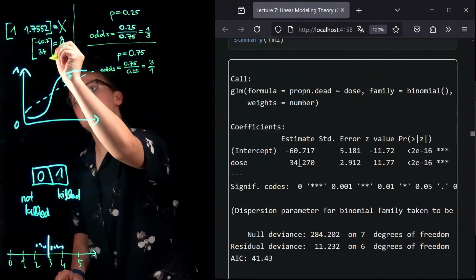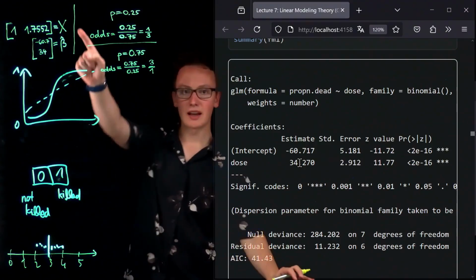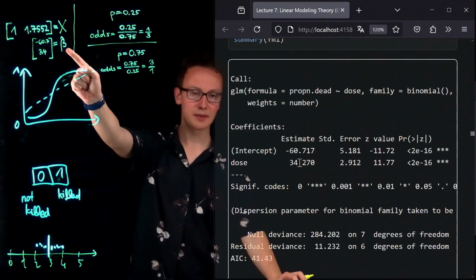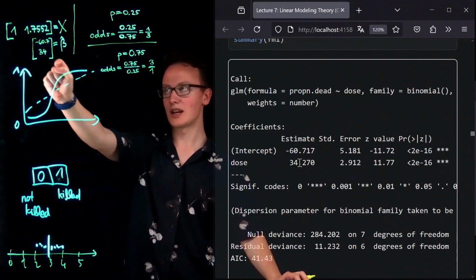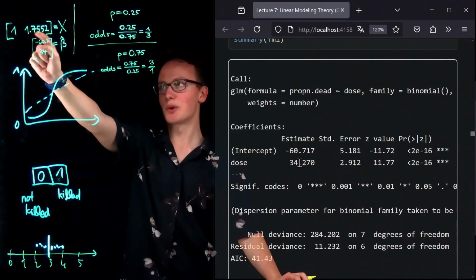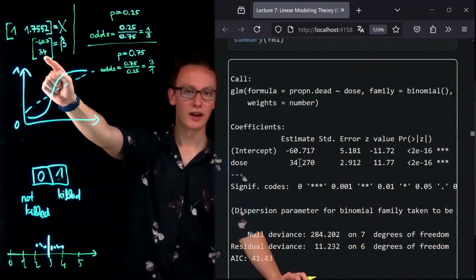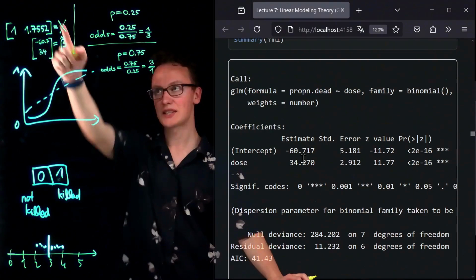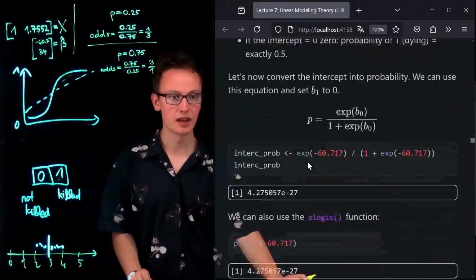And so what I want to do is to multiply this X matrix with that beta matrix. This will basically do the multiplication of 1 times the intercept plus 1.75 times the slope, right? That's what the matrix multiplication X times beta hat will do for me.